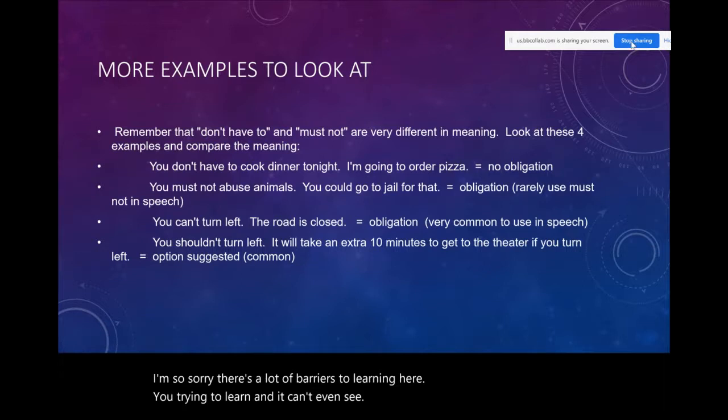Okay, well, let me try this. I'm going to click on stop sharing screen, and I want to try one thing to get you back in to what we're doing. Okay. And can you see the screen now with the students' names? Yes. Okay. So let me see if I can share this with you again.